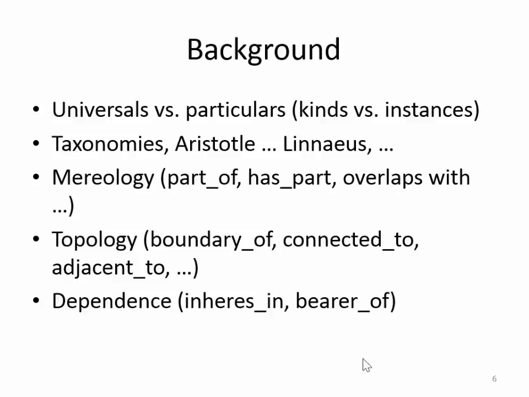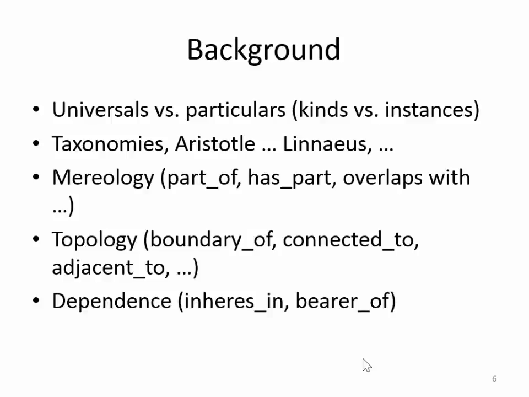So a universal is a general category, something like mouse or human being or table or planet. And a particular is an instance of a general category. This particular mouse or that particular human being or these particular planets which make up the solar system.